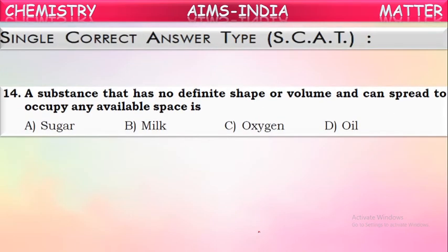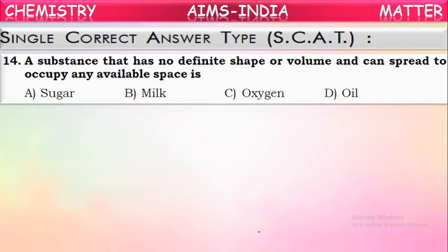See the first one. A substance that has no definite shape or volume and can spread to occupy any available space. So which state of matter will contain these properties? No definite shape, no definite volume, and can spread to occupy the entire volume available. Which state is it? Gaseous state.